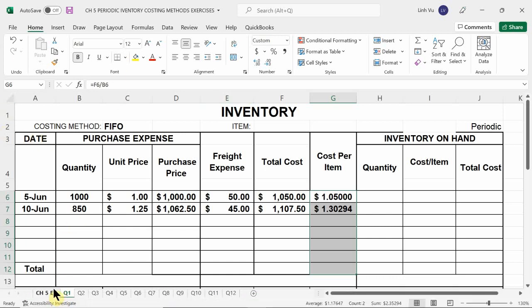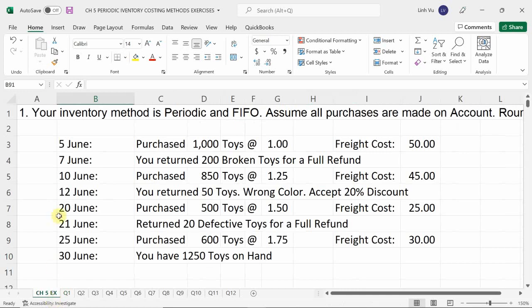So then let's go ahead and see what happened next. On June 12th, you end up returning 50 of the toys because they were the wrong color, but you were willing to accept a 20% discount. So in this case, I'm returning the toys because they sent me the wrong color. However, the vendor still said, hey, these toys are still in good condition. The only difference is it's not the color that you ordered.